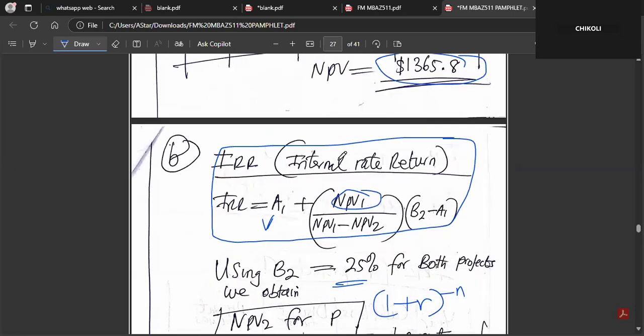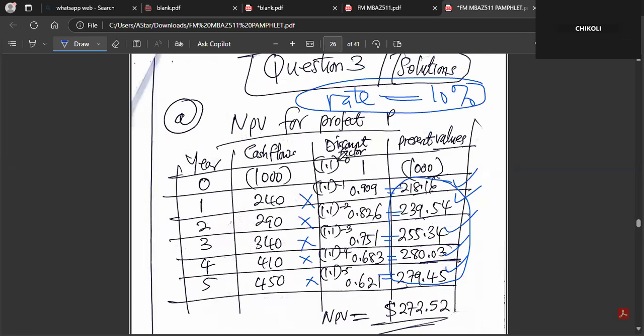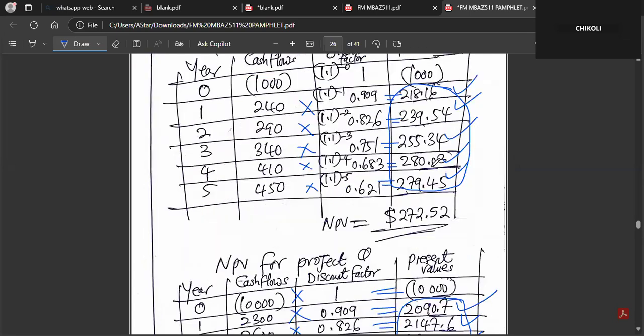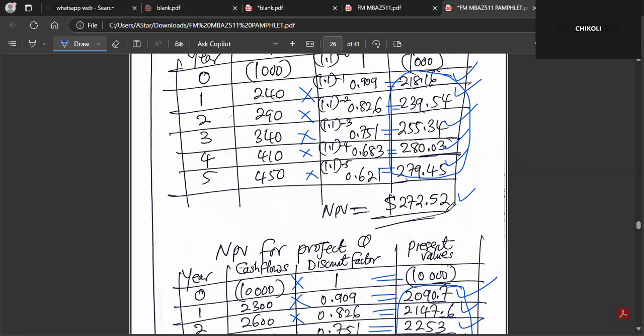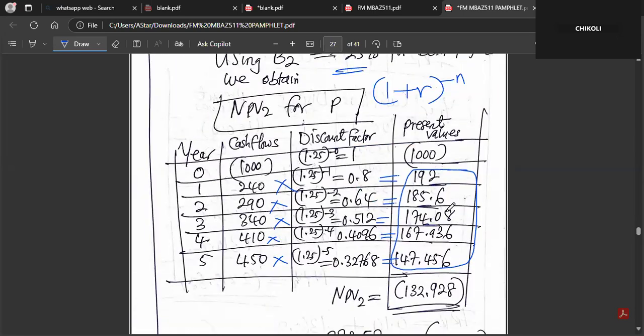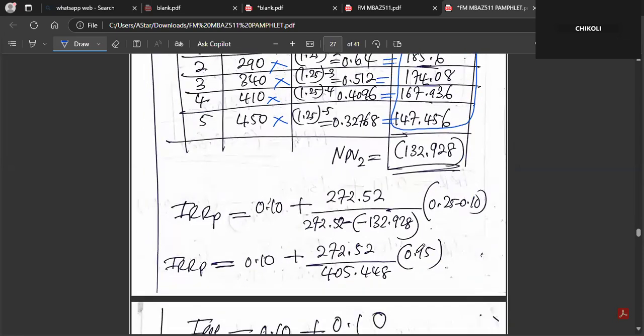Now, when you check the NPV for project 1, initially it was 272.52. You understand that? Yes. Now we are getting the NPV 2 for project P as negative 132.928. So substituting using the formula here, negative or negative, as you multiply, will give you a positive.